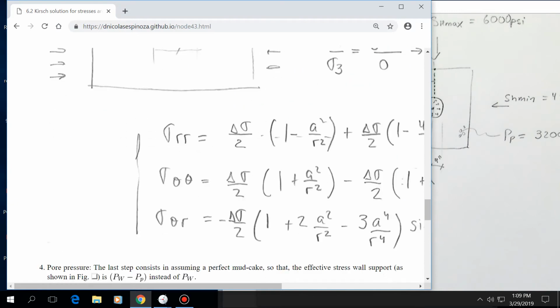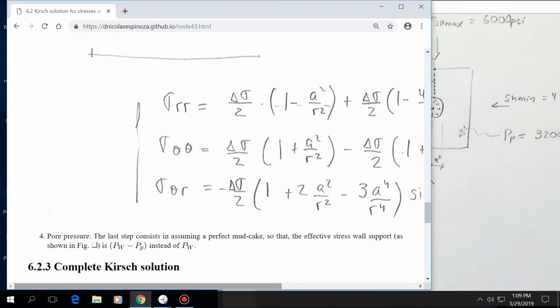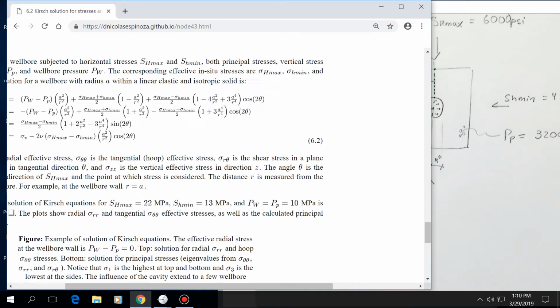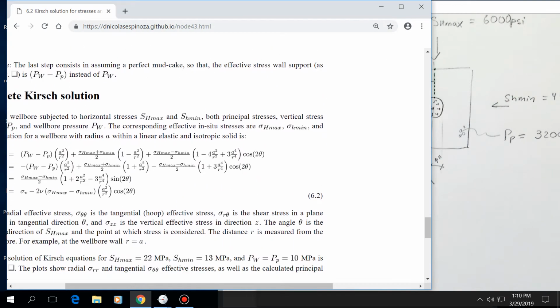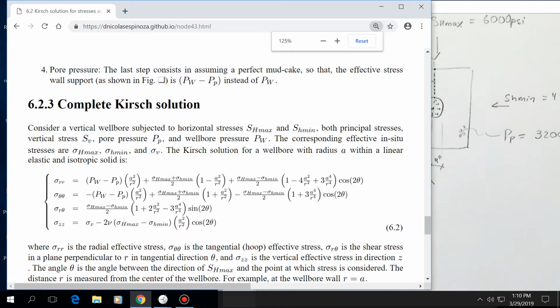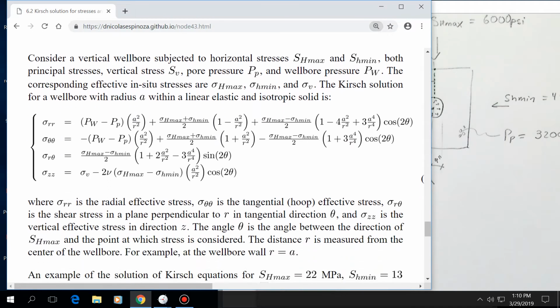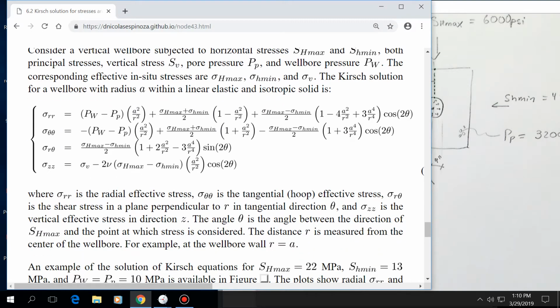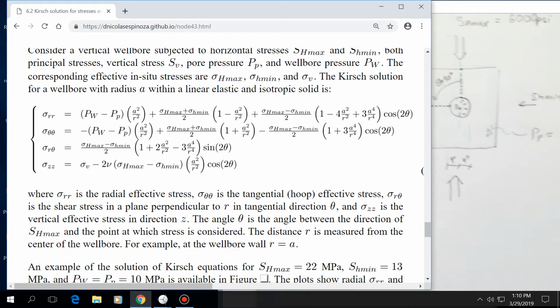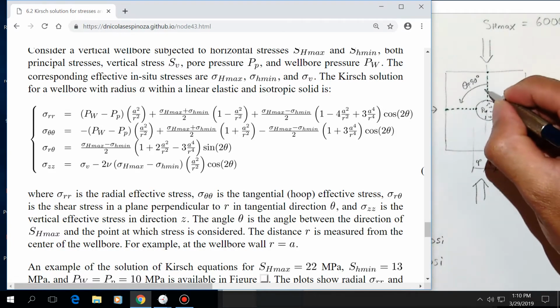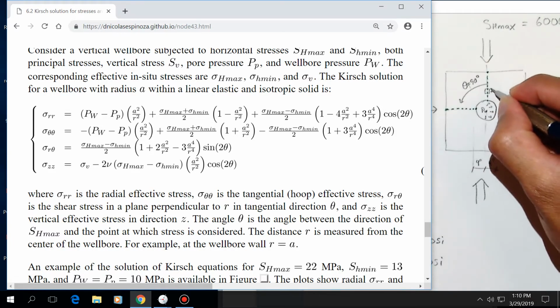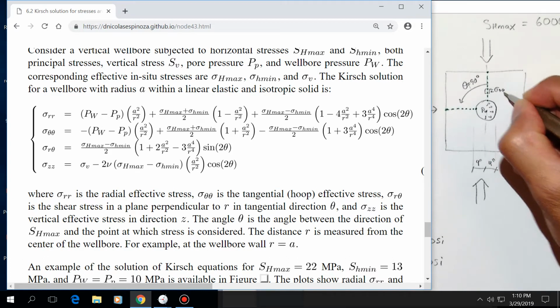So if you want, right here, this value for a horizontal wellbore, and you put that long equation into it, and you will be able to calculate both sigma theta theta and sigma RR.